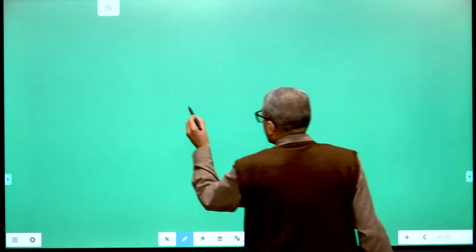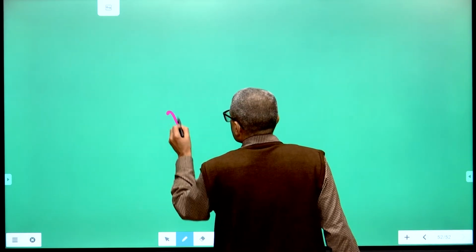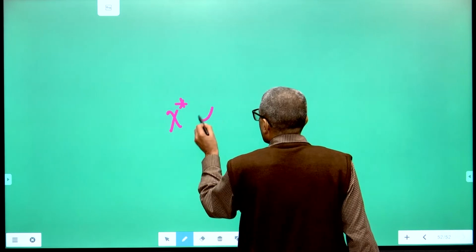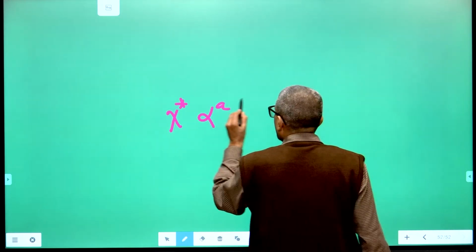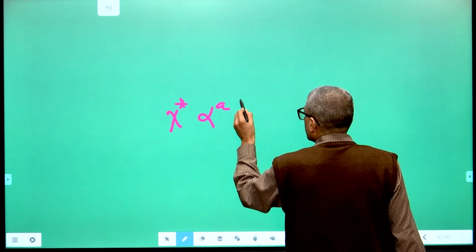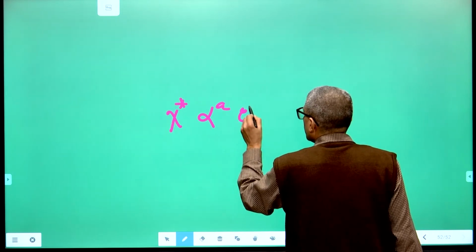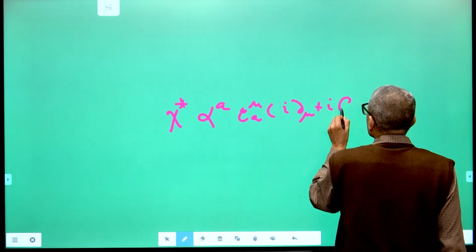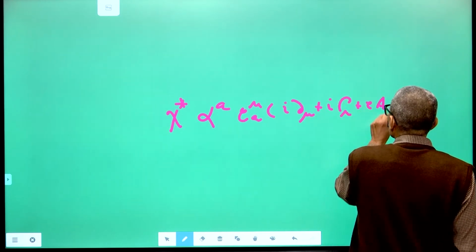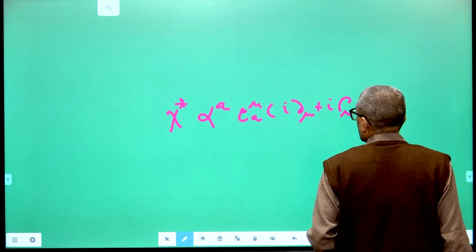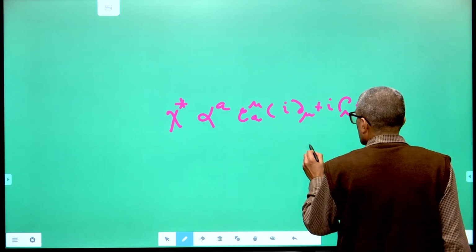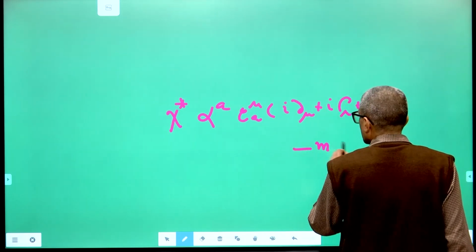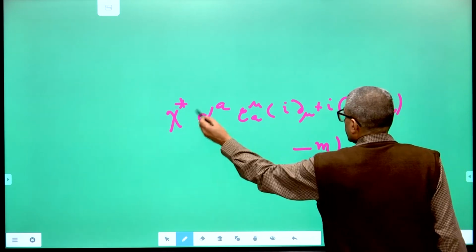When you write down the Dirac Lagrangian, you had a term like chi star alpha A E mu A times I dou mu plus I gamma mu plus E A mu. You put all these things and you put a minus m here and you put psi here, right?